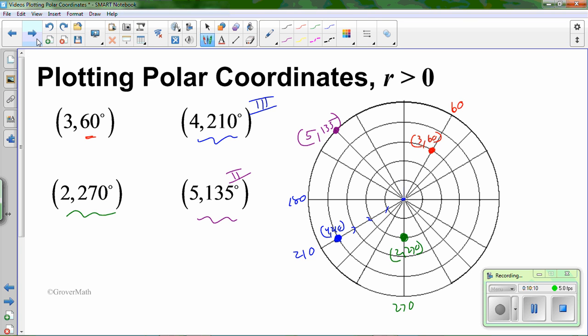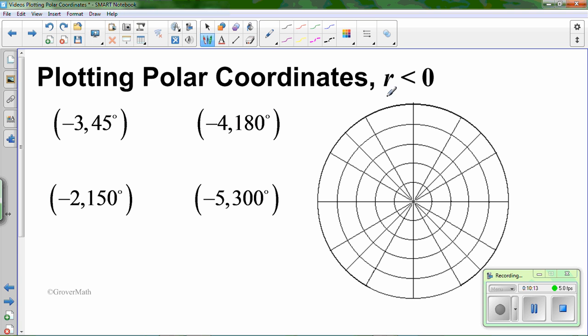Let's look at just a couple of examples where r is less than 0, because it's a little bit different. So these are when your r values are negative. And what you want to do for this, let's get our first example here, negative 3, 45 degrees, is you kind of want to first pretend it's positive 3, 45 and go to that location first. And so here's my 45 degree line, and if it were positive 3, 45, I would be here.